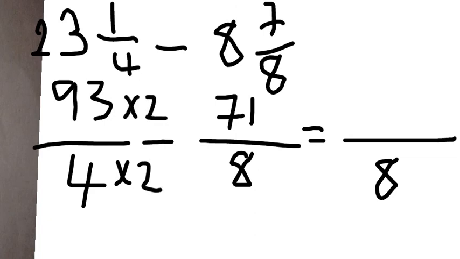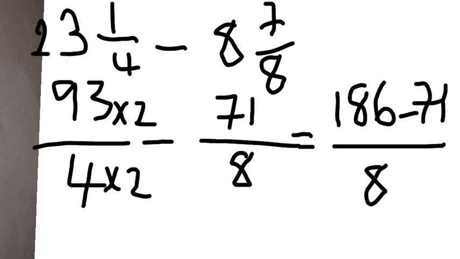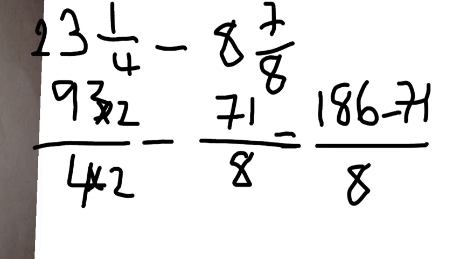So when you do 93 times 2, you get 186. So you put 186 here, and you subtract 71. Okay, 186 minus 71, and that gives you 115 over 8.